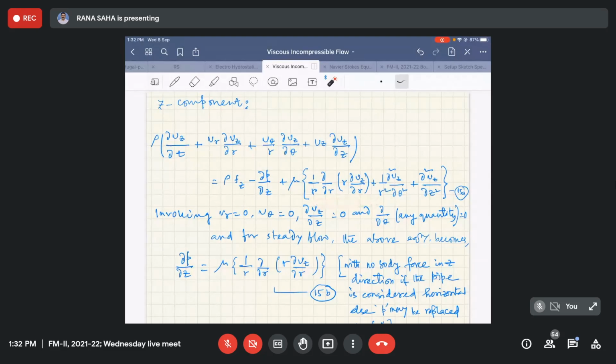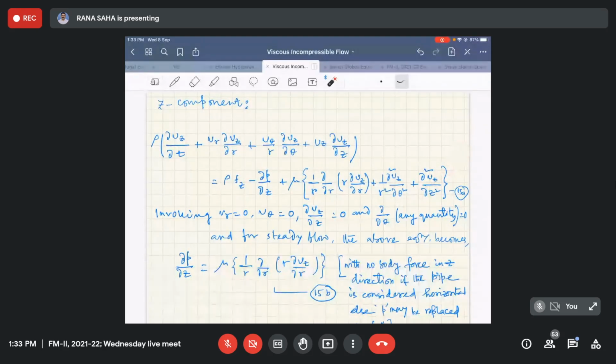But the second term, del 2 Vz del theta 2, as the first order partial derivative with respect to theta is 0, there is no question of having the second order derivative of theta. And the third term, del 2 Vz del Z2, should also be equal to 0.